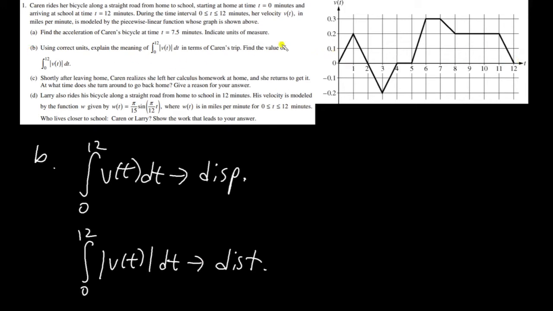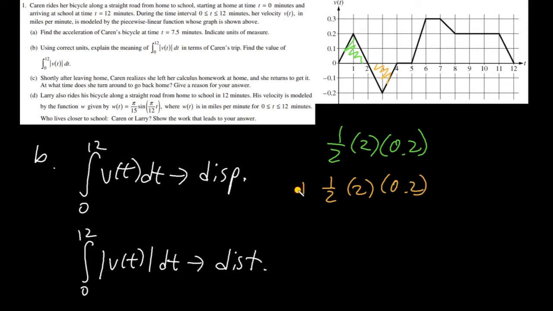Okay, so let's do that. This first section here is going to be 1/2 times 2 times 0.2, okay? And then this next section here is going to be also 1/2 times 2 times 0.2. And notice that these are both positive because even though this one's under the axis, it's the absolute value that we're interested in, okay?